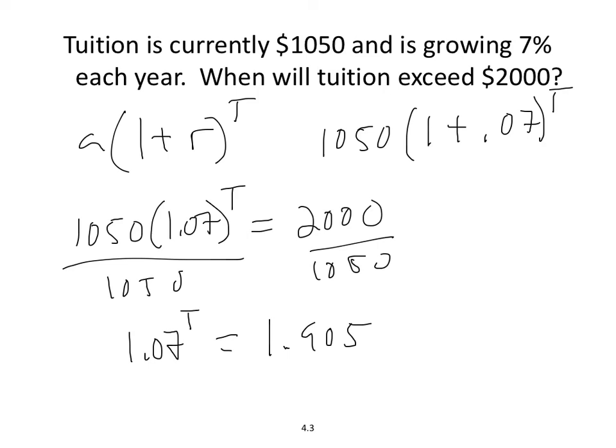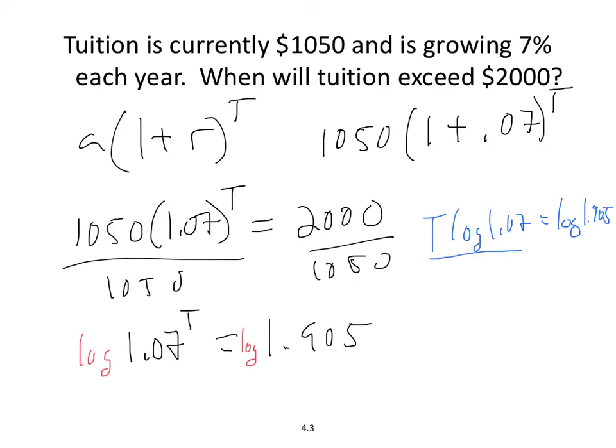So now, to get that exponent out of the way, we're going to take the log of both sides. What that lets me do is say t times the log of 1.07, using that exponent property, equals the log of 1.905.